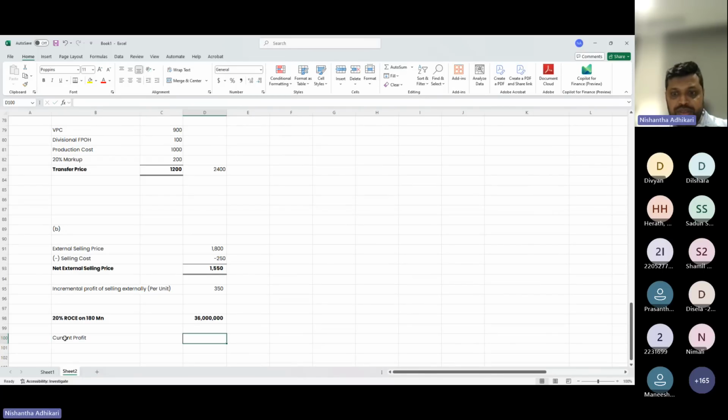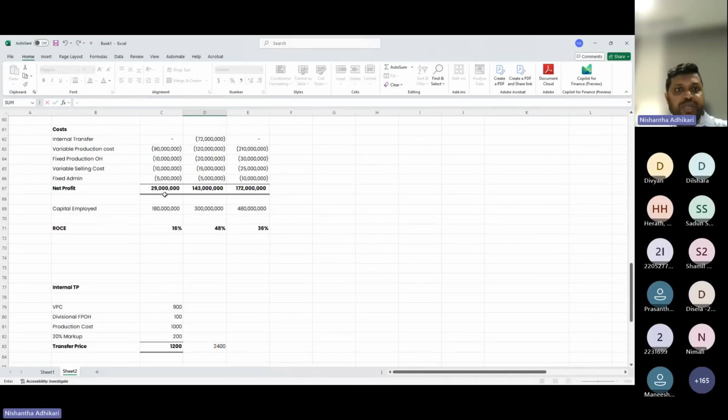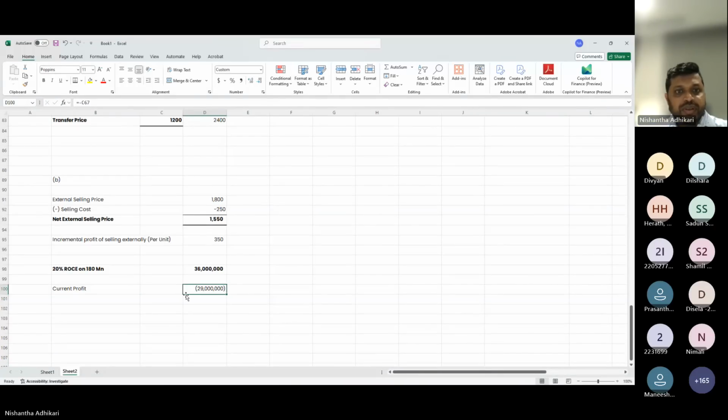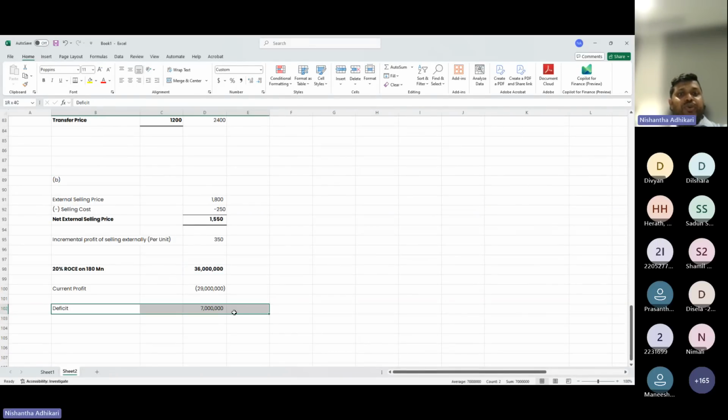Current profit is 29 million. Then what is the deficit? 36 minus 29, it is 7 million. Now you want to earn 7 million.